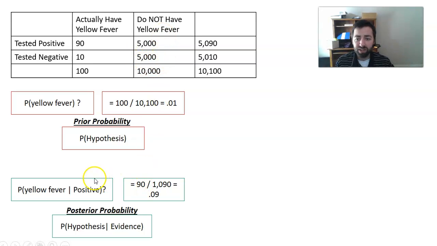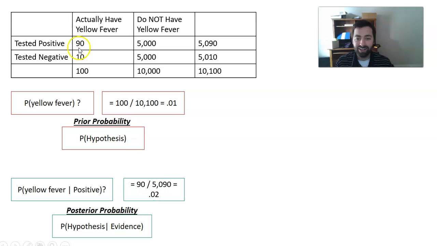And so now if I recalculate this posterior probability, because this test is worse, that means my evidence is going to be worse. So if the test comes back positive, how likely are you to have yellow fever? Well, now it's going to be 90, not out of 1,090, but out of 5,090. There's 5,090 positive tests, and only 90 of them are accurate.